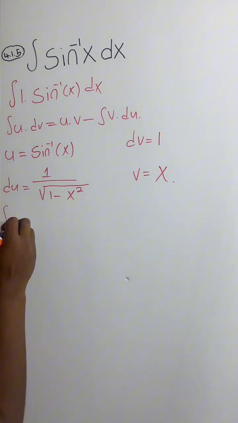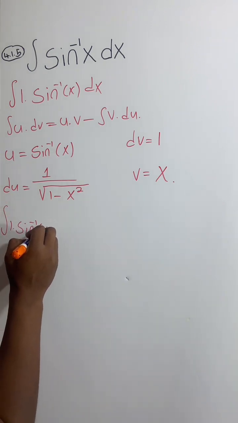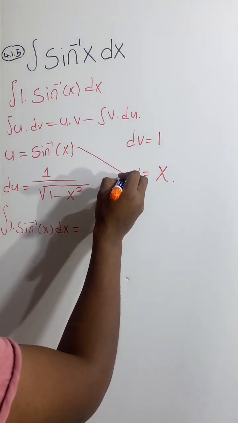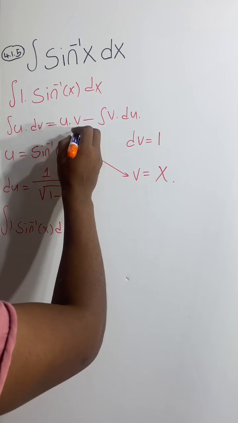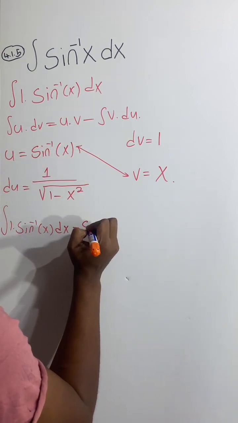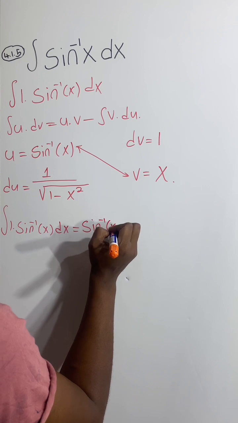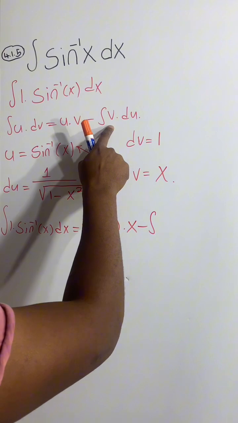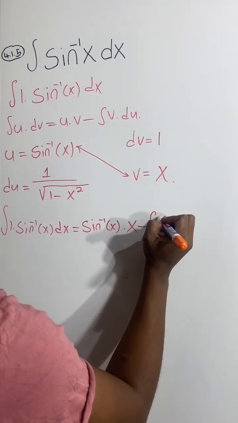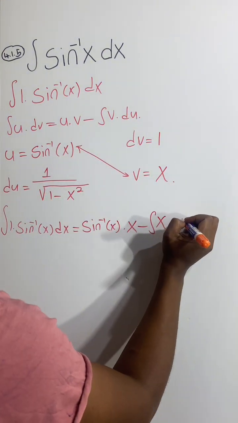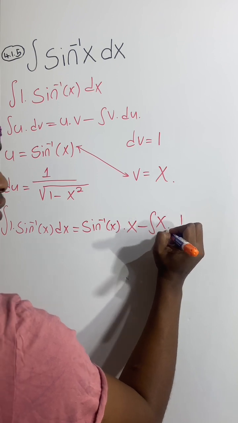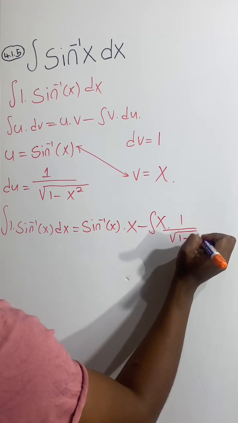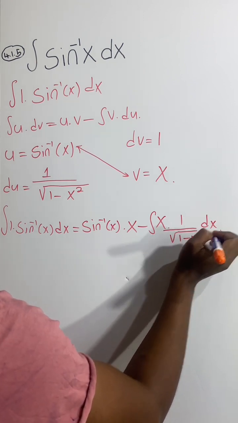So 1 multiplied by arcsine of x dx will be equal to u multiplied by v, where u is equal to arcsine of x and v is equal to x, minus the integral of v multiplied by du. Our v is equal to x multiplied by du, which is equal to 1 over the square root of 1 minus x squared dx.